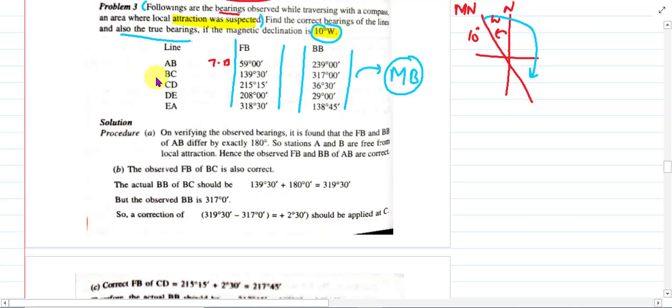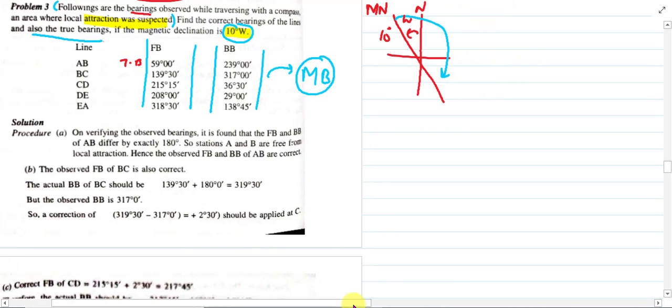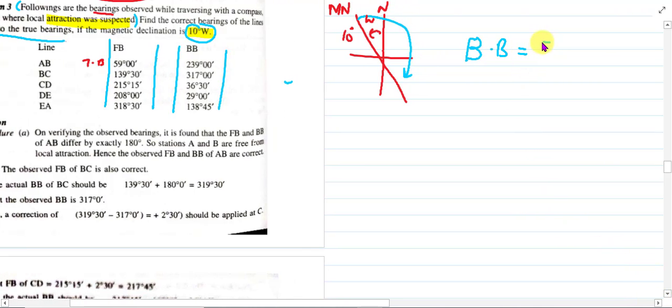Okay, so we just analyzed this question. Now we come to the solution part. First of all, we apply the check formula. As I said, the check formula for this condition is given by: back bearing is equal to fore bearing plus or minus 180 degree.